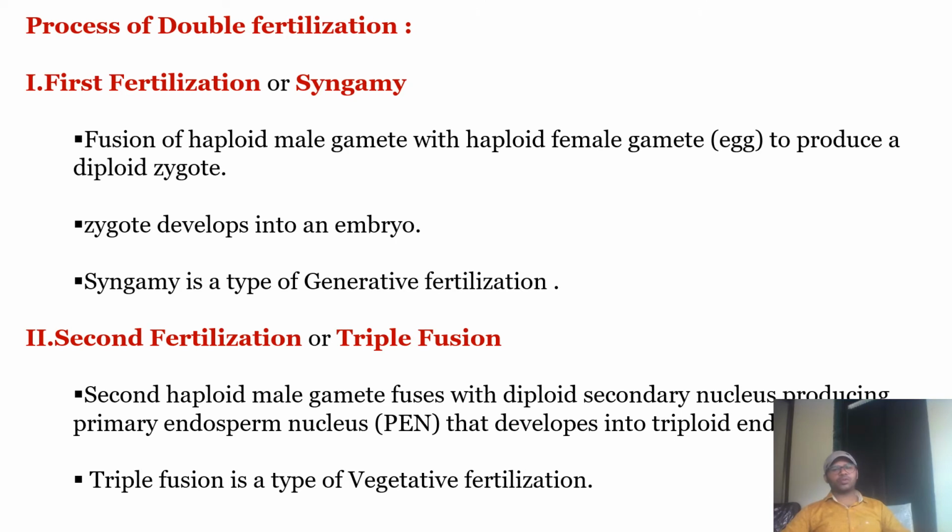So let us see the process in detail. In double fertilization, there are two types of fertilization. I have already shown it in the diagram. One is first fertilization, which is also called syngamy. Another is second fertilization, which is called triple fusion. So one of the male gametes, as I have shown earlier, unites with the haploid female gamete, that is the egg, and it will produce a diploid zygote.